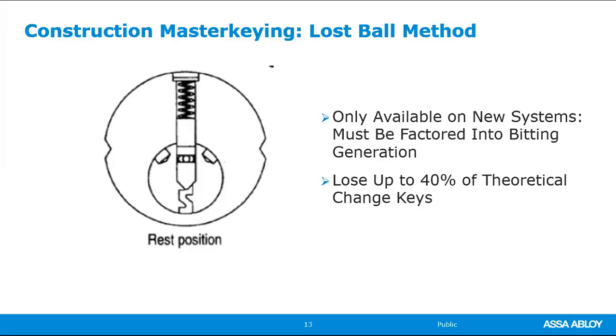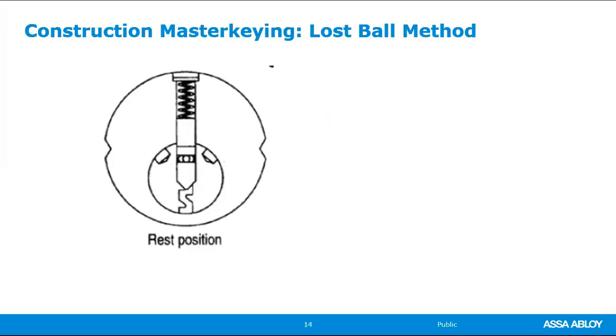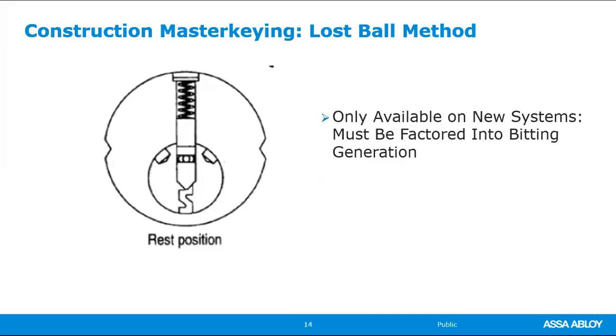However, if you have a very large facility, you want to always have master keying of the manufacturer that you're using in consultation to make sure you're going to have enough changes later on if you're going with construction master keying. So we got to remember, it's only available in new systems.